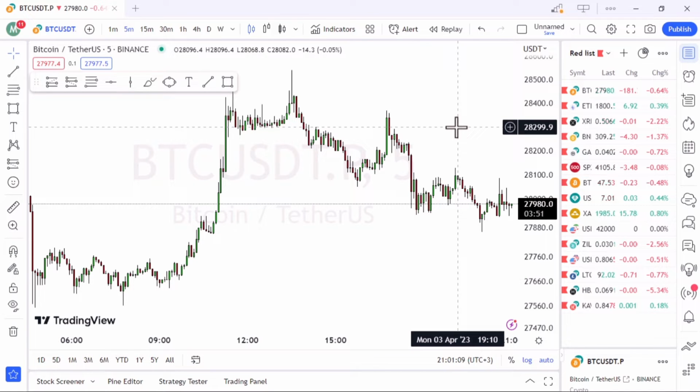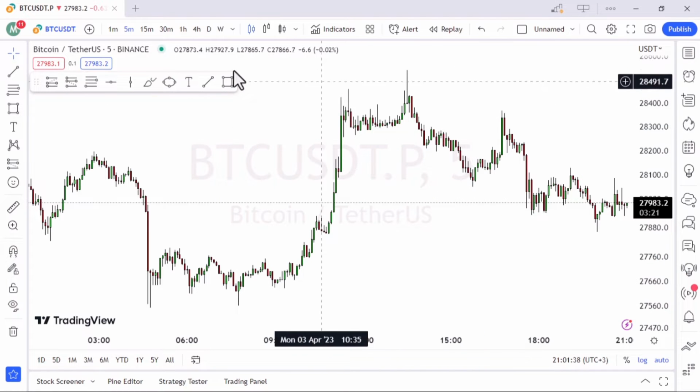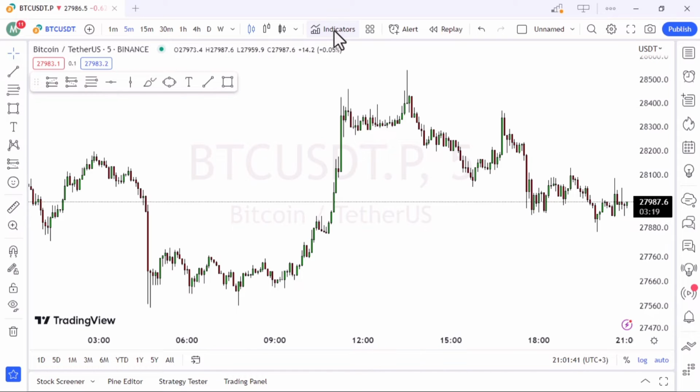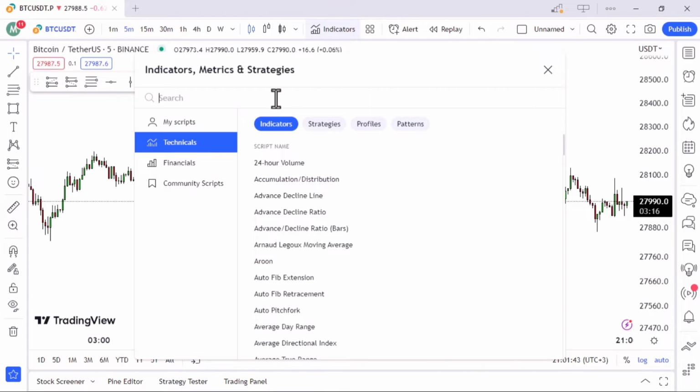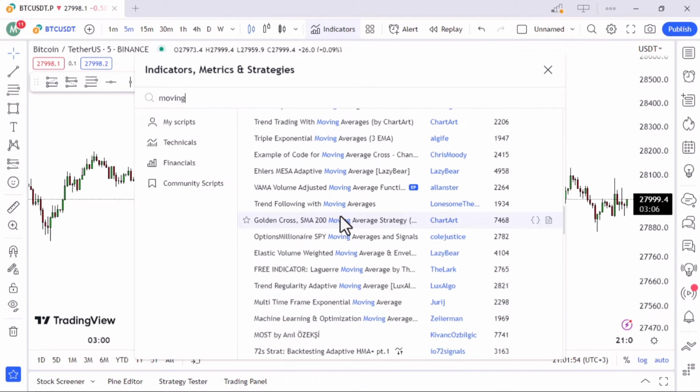Let's first find the moving averages. How can we find them? It can simply be done. This is the Bitcoin to USDT chart. So let me remove my watch list from here, and you simply move here to the indicators segment and you just write down moving, and then it's gonna pop up here, this one, moving average. As you can see, there are like tons of indicators, endless numbers of them, and the list goes on and on.